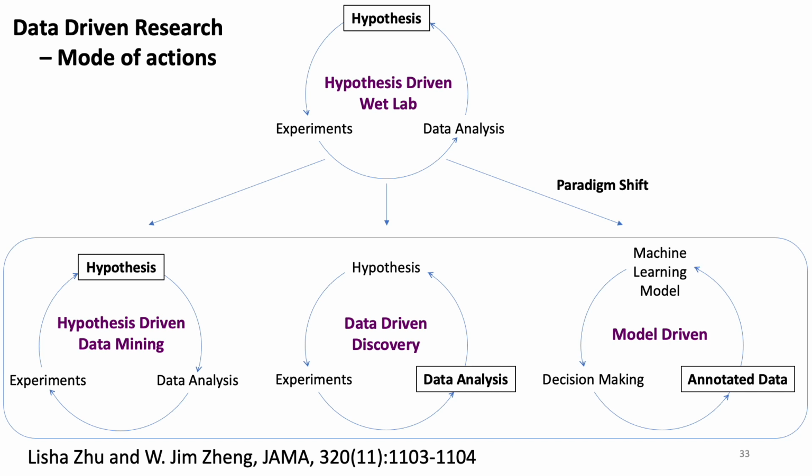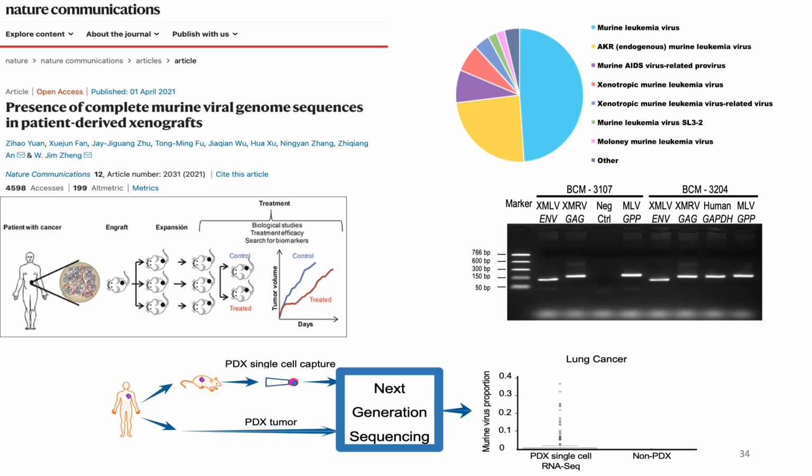That way you can save time, effort, and money. That's another way that we can help cancer researchers. Here's one example we published last year by analyzing a large amount of sequencing data generated from patient-derived xenografts, which is a tumor model in mouse.